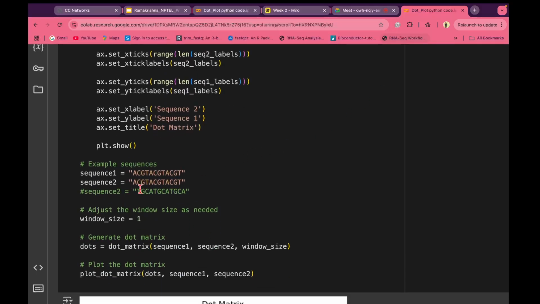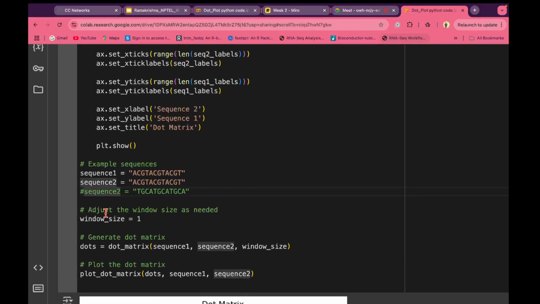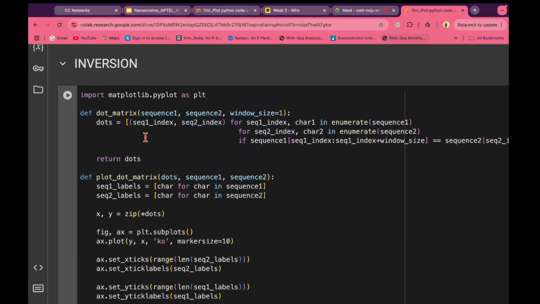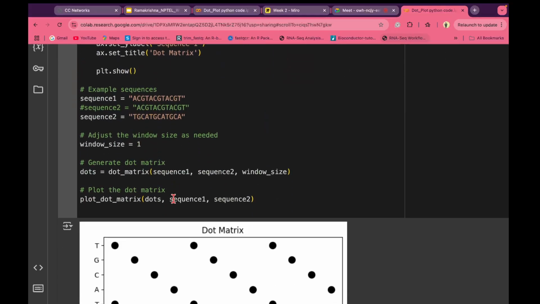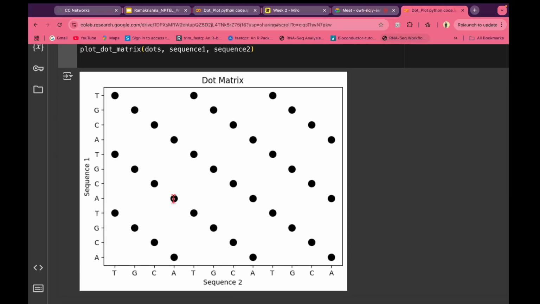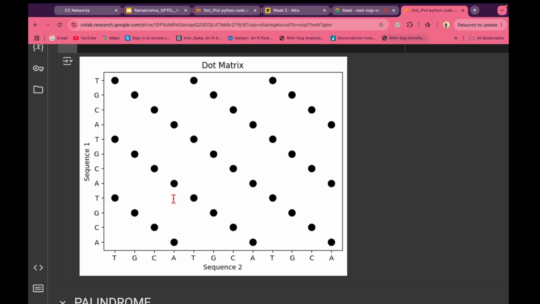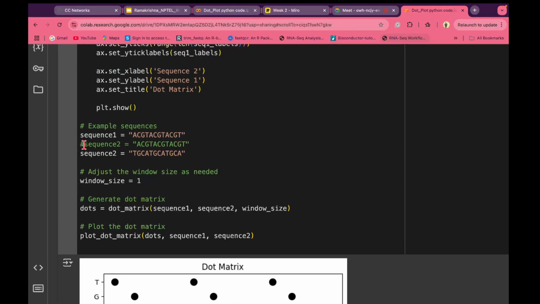Here I have taken a sequence 2 which is a completely inverted sequence of sequence 1. I'll try to run it. So this is how inversions are observed in a dot matrix.